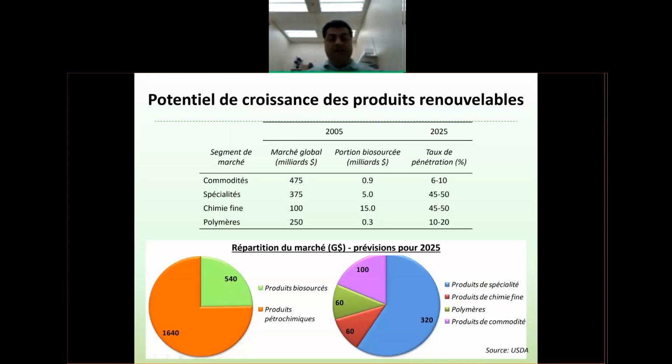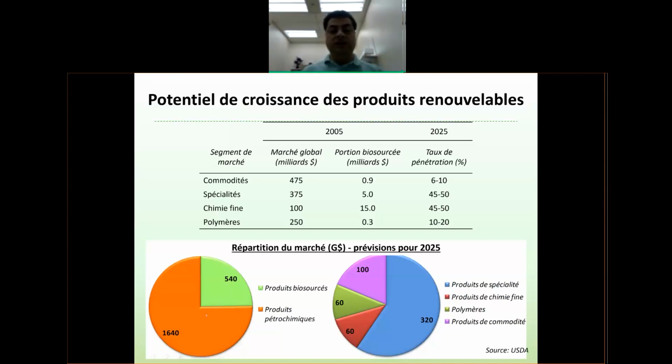So as you see, from another point of view, by 2025 it is expected that bioresource or bio-based products compared to similar products produced from the petrochemical industry are going to be at a ratio of 1:3.